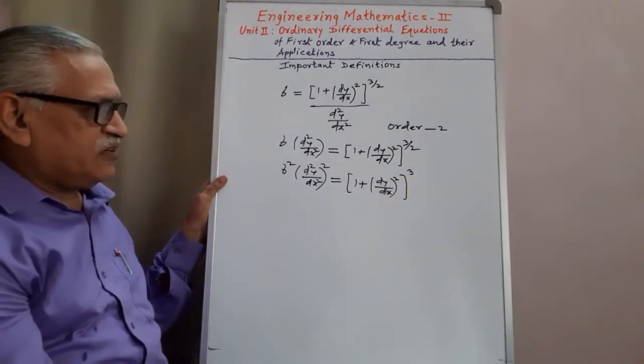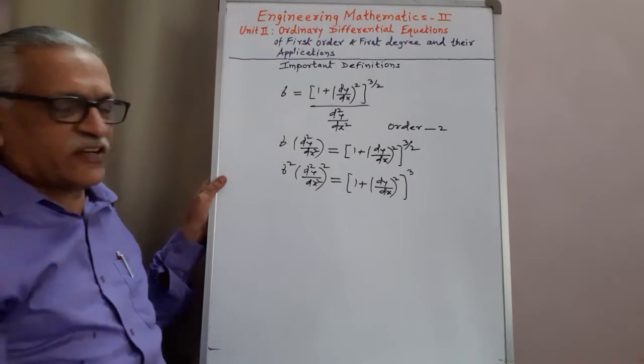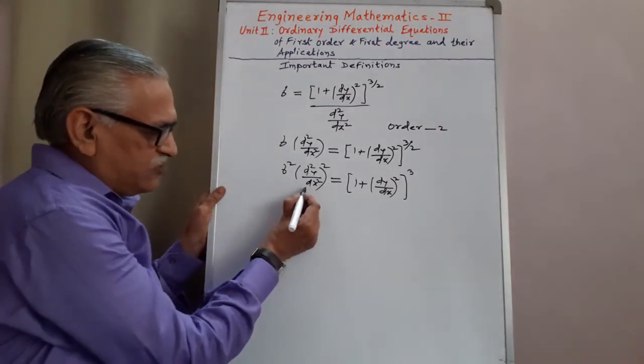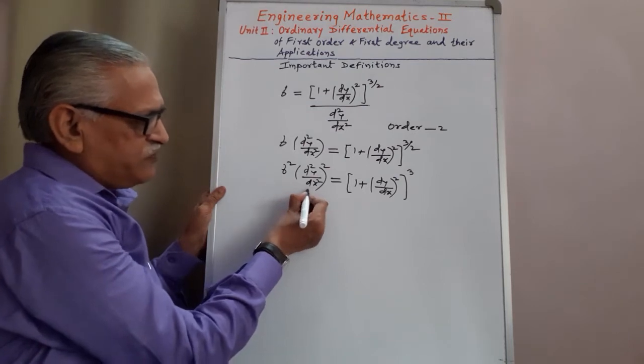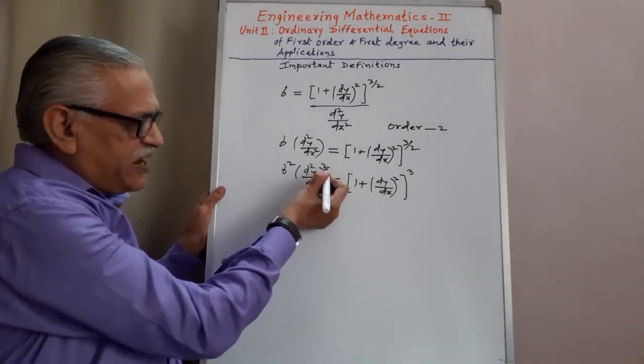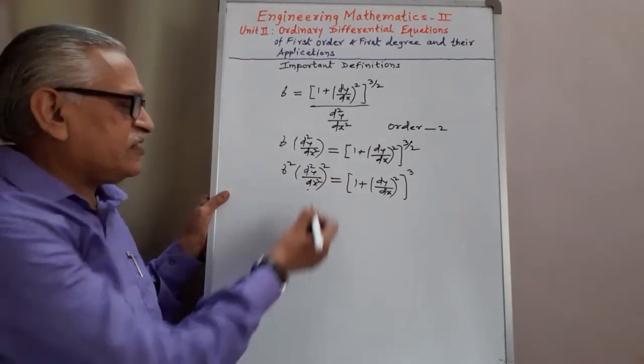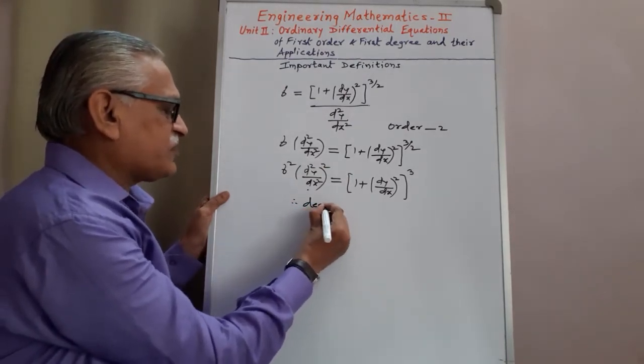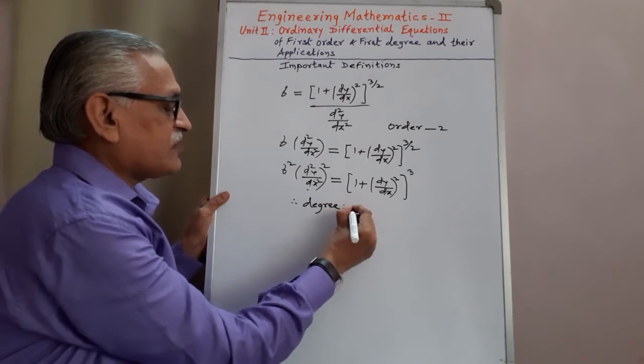And therefore that equation we have made free from fraction and radicals, and therefore the highest order derivative is of order 2 and the index of that highest order derivative is here 2, and therefore the degree of that differential equation is 2.